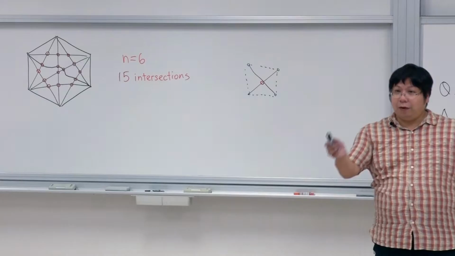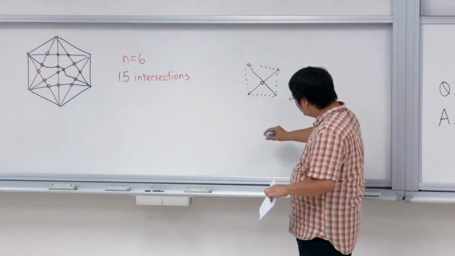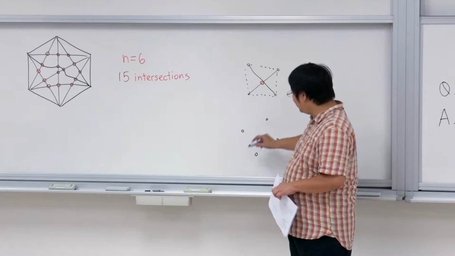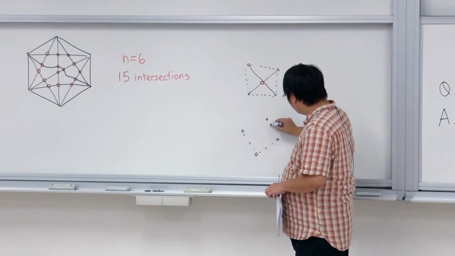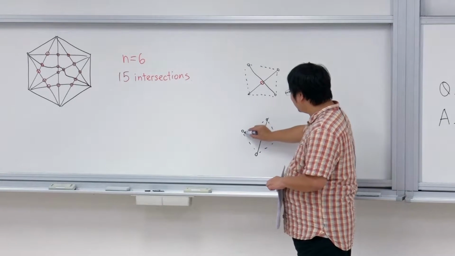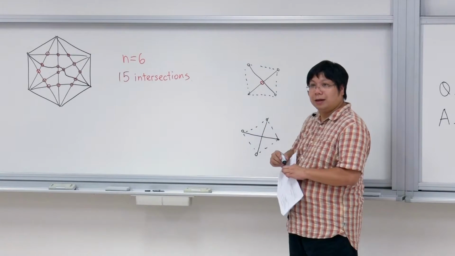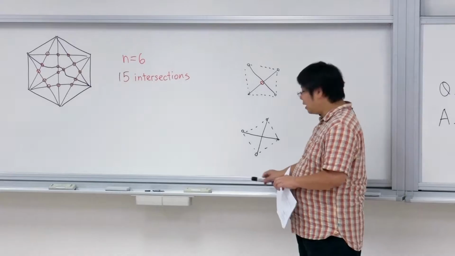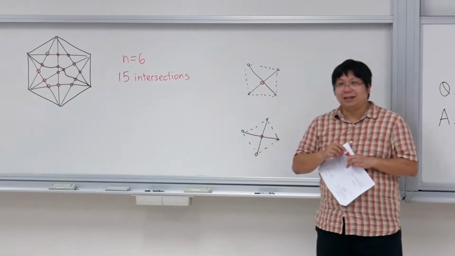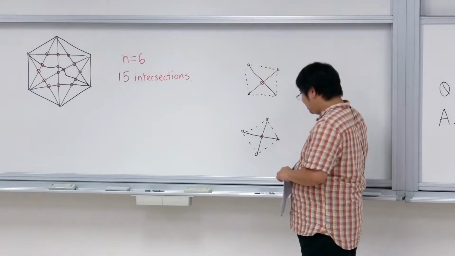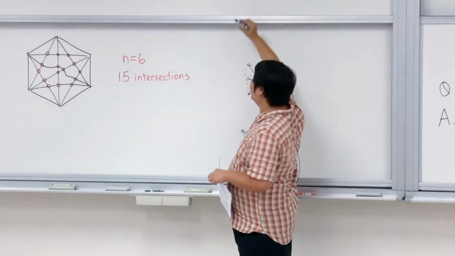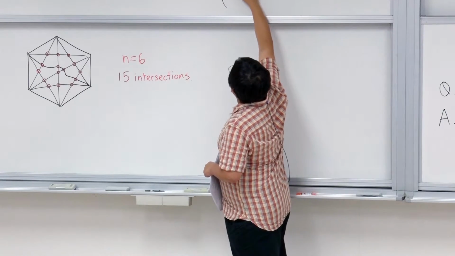Whenever we look at 4 vertices, we are going to consider this as a diagonal and this as a diagonal. Am I correct? And then we get one intersection.